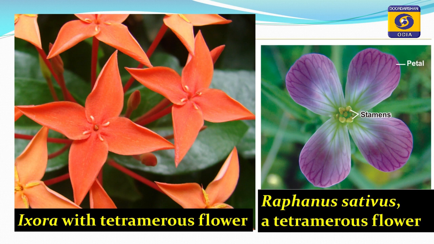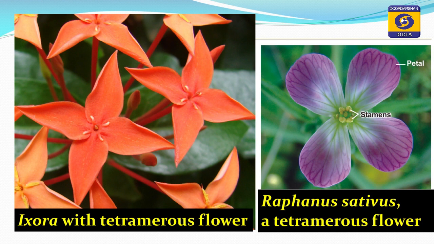On the right side you can see the flower of Raphanus sativus, mula, radish. Very few might have seen the flower of this, but this is a cross shaped flower, a tetramerous flower. Raphanus sativus belongs to the cruciform type, as the 4 petals are arranged in a cross shaped manner. That is why this belongs to family Cruciferae.